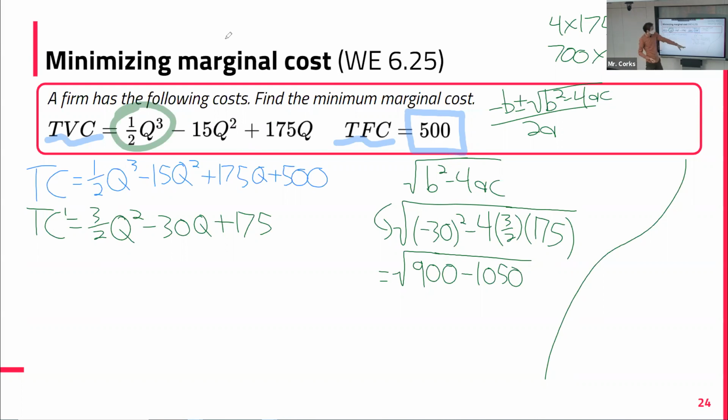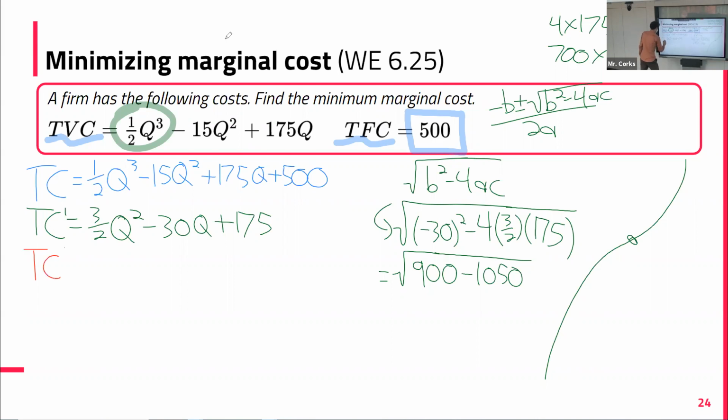So that wouldn't really make sense. So a total cost curve like this usually will have no turning points. It does have an inflection point, and that's what we're finding with our minimum marginal cost. That's what we care about here. So the discriminant, just a little side thing, lets us realize there are no turning points here.